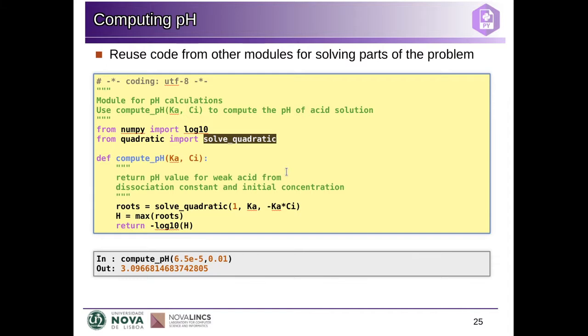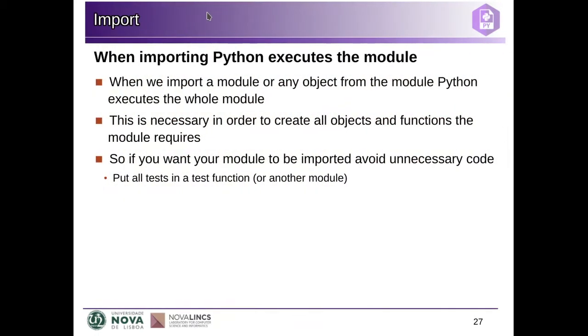So Python needs first to execute everything and have all these objects created in memory so that we have guarantees that things will work. So remember that whenever you import a module, Python will run the whole module.